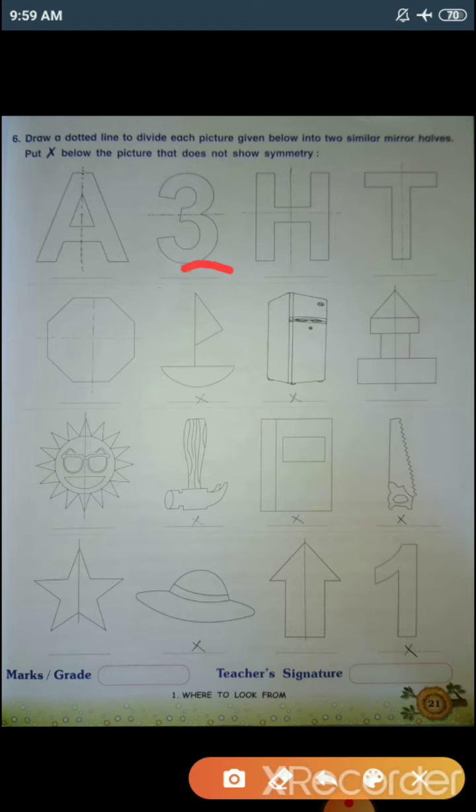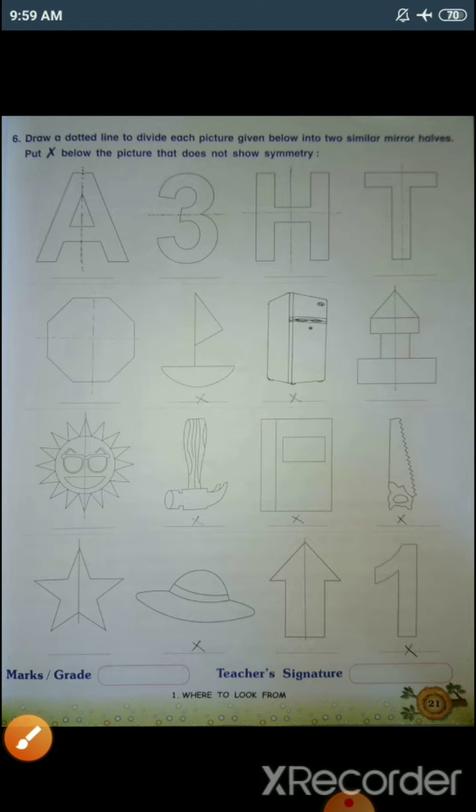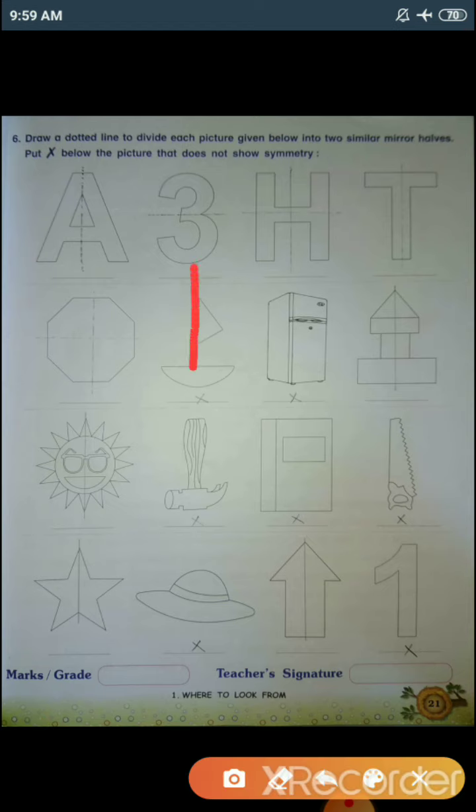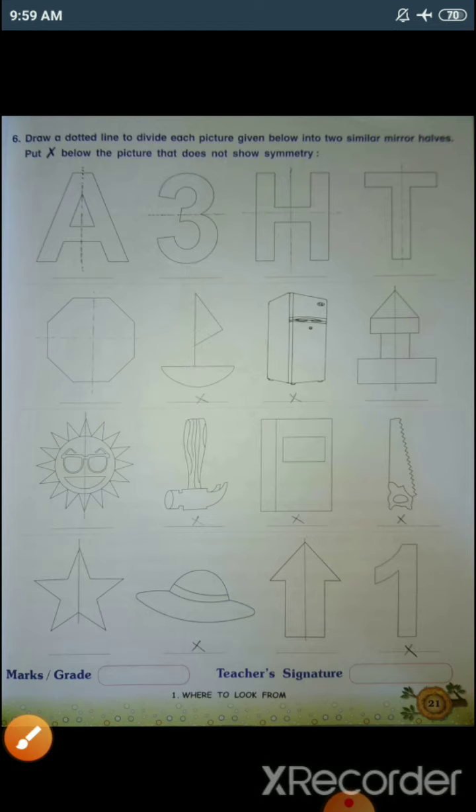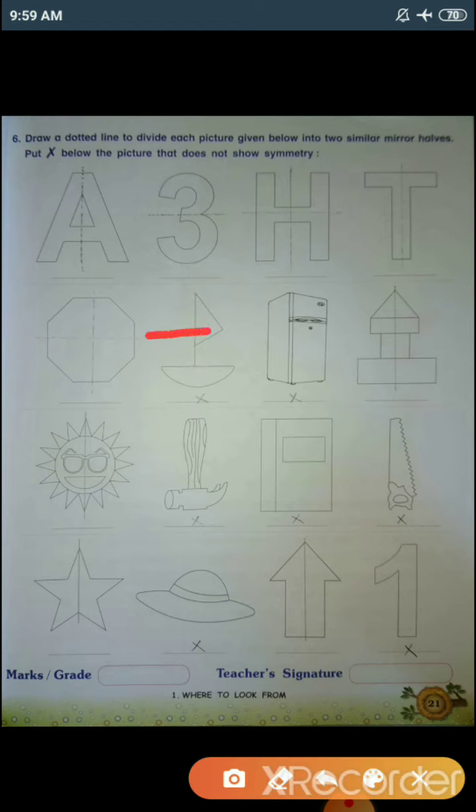You can see here, if I draw one vertical line, we can observe part 1 and part 2, yet this shape is not divided into two equal parts. If I draw one horizontal line, then too part 1 and part 2 of this picture do not look the same. So we conclude that this shape does not show symmetry.